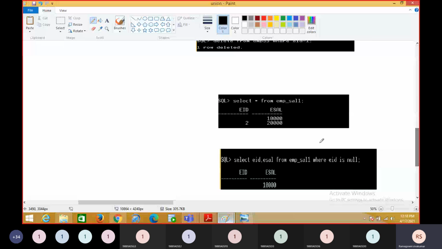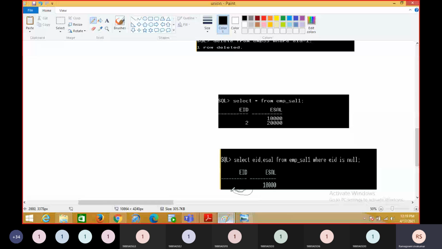You cannot see null displayed here; anything not available is by default a null value. So select EID, salary from this table where EID is null. Here the 10,000 value has a null ID, which means it was deleted.